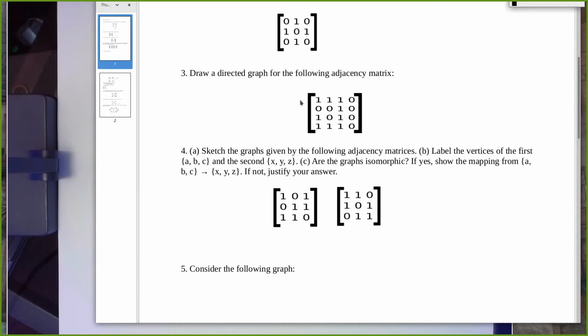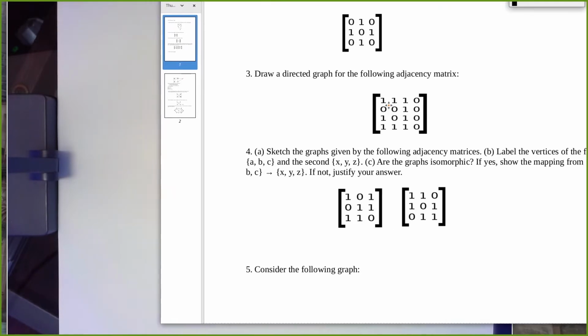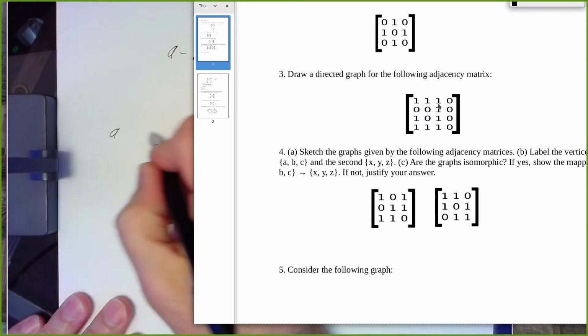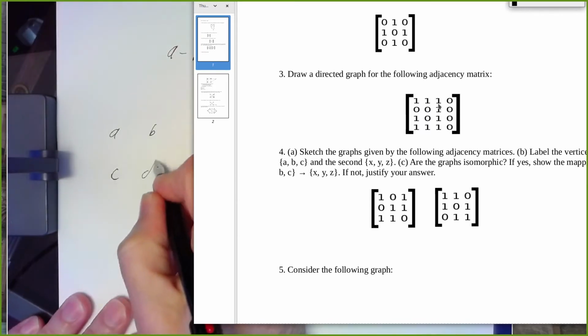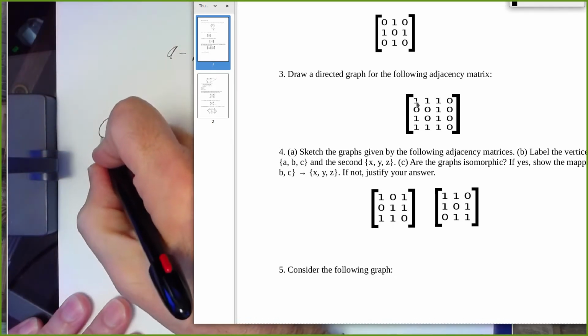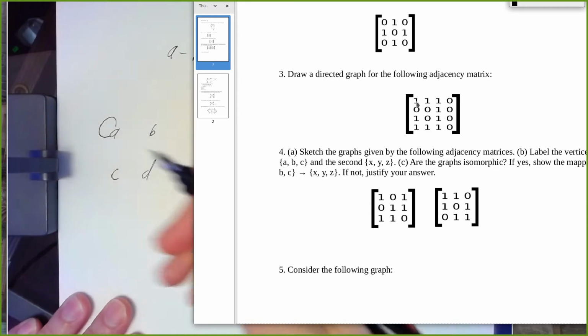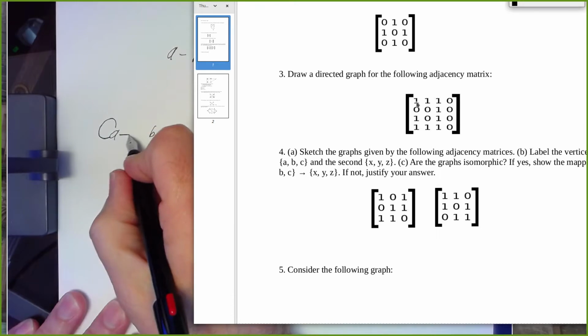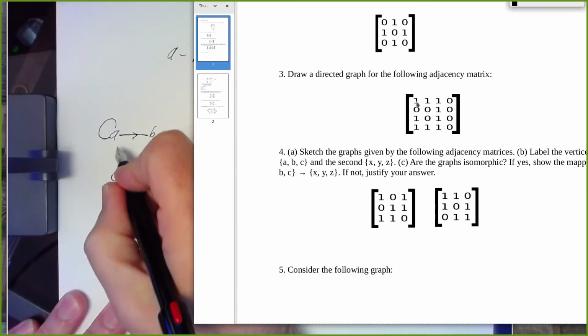So a directed graph, depending on how you label these, if you label these A, B, C, D, and then if we suppose that the row is the vertex you're coming from, and the column is the one you're going to, then we have 4 vertices, A, B, C, D. And this first row says there's an edge from A to A. So you can draw this with 2 arrows or 1 arrow and so on, but it's a loop basically. And there's also one from A to B, and there's also one from A to C.